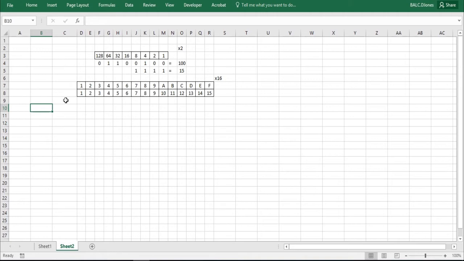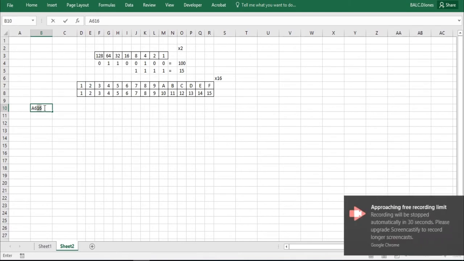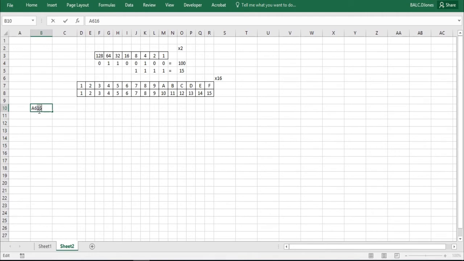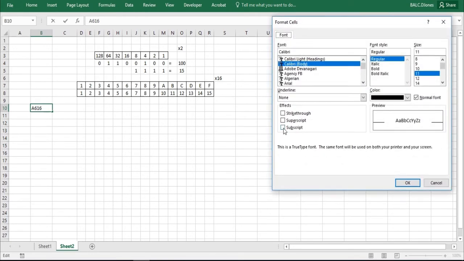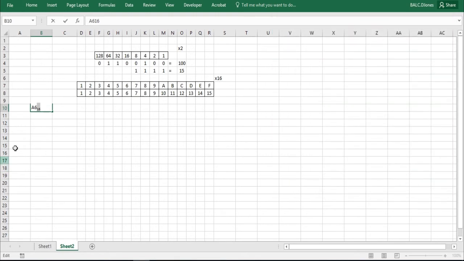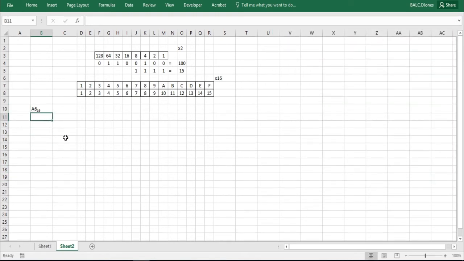When you see hexadecimal numbers represented, say I take a 6A, you see the number 16 after it, in subscript.